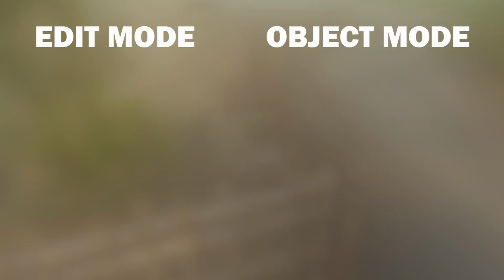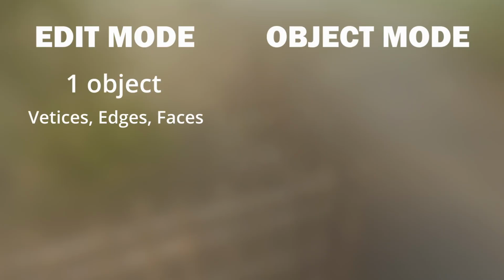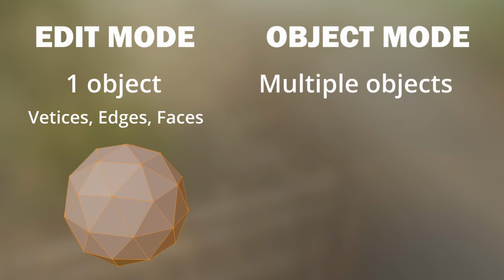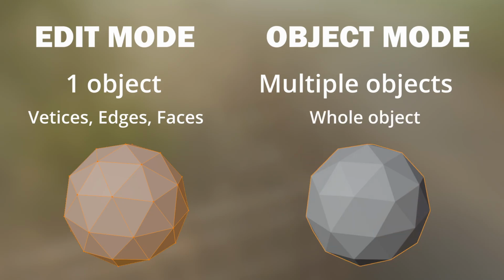We have already said that proportional editing works in both edit and object mode, and we have already explained edit mode. In object mode, we cannot just select a vertex, edge, or face. We work with whole objects. Proportional editing, therefore, affects not only the selected object, but also all objects within the radius.